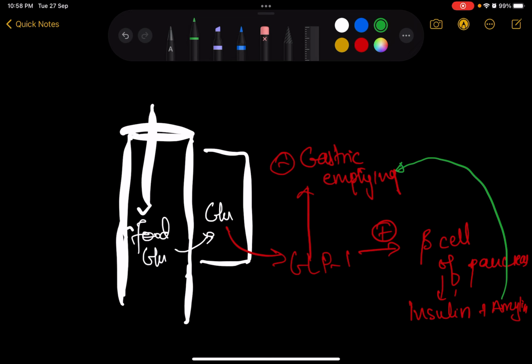So, in a nutshell, you take in food, your glucose is absorbed in the enterocyte. The enterocyte releases a hormone called glucagon-like peptide, GLP-1. This GLP-1 enters, and obviously it stimulates beta cells of the pancreas to release a certain amount of insulin. This insulin is minute.